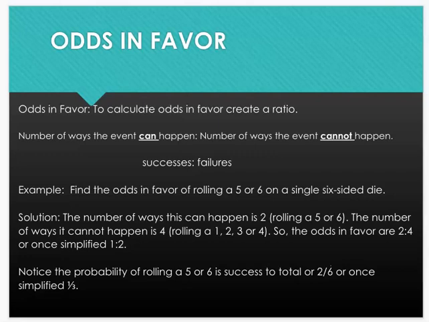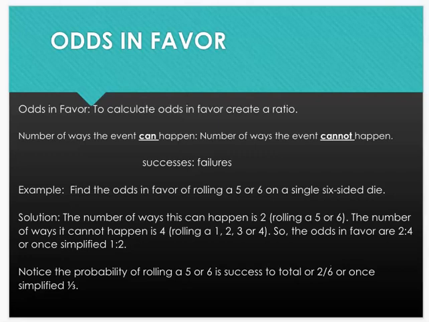So here's an example. Find the odds in favor of rolling a 5 or 6 on a single 6-sided die. So here's our solution. The number of ways this can happen is 2 ways. That's the number of successes. You can either roll a 5 or a 6.